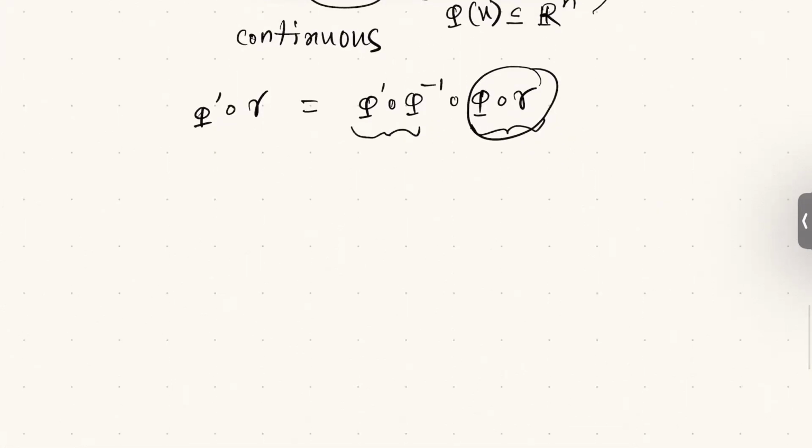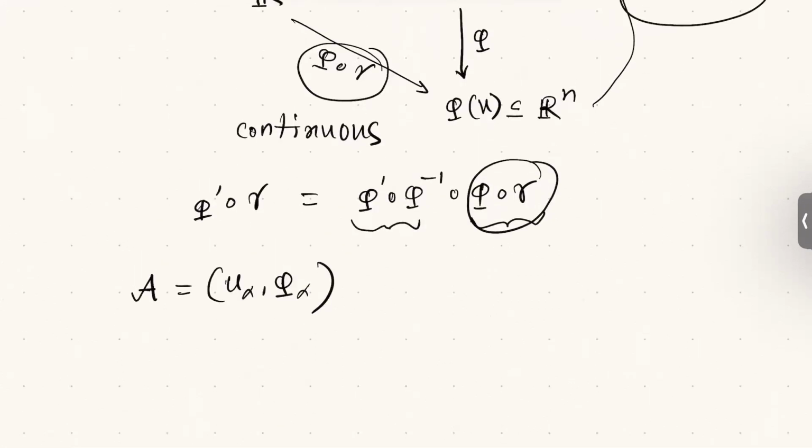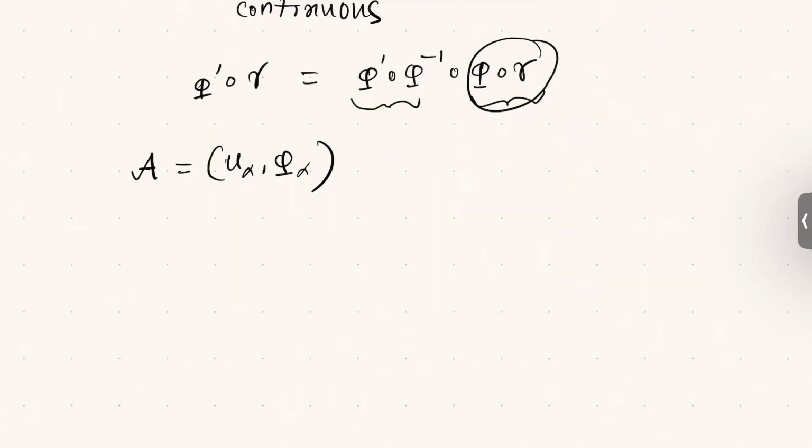So then we already have an atlas A on the manifold. So this is U alpha, phi alpha. This is the atlas on the manifold. Now we can always consider the maximal atlas. If it is a maximal atlas, then all the coordinate maps are there. Now we want to consider some special types of these coordinate maps, the maps which are differentiable.